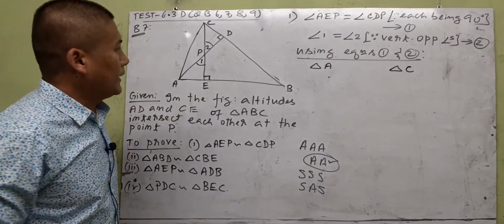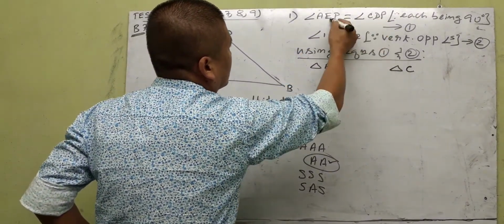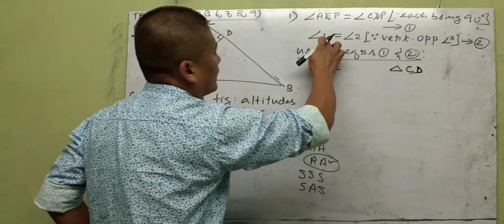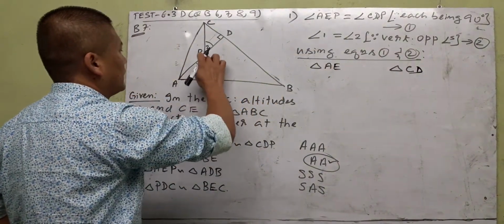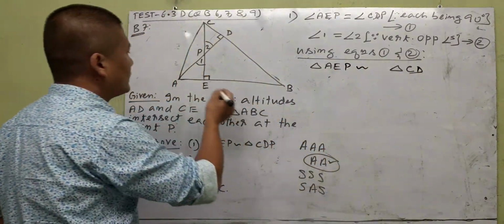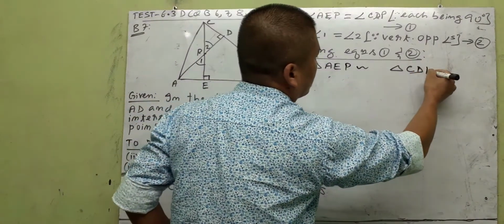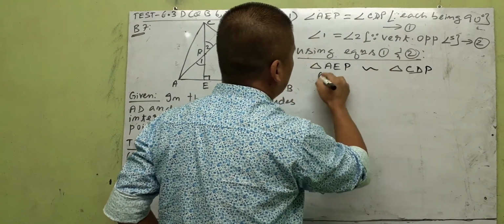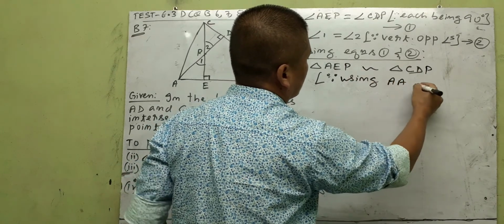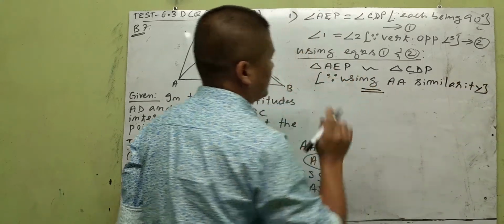So A, then if you go here, you need to go here, because this is the angle equal to D, E equal to D, so the second position should be D. And 1 is the point P for AEP, and 2 is the point P for CDP, so the third letter will be P. So you can see these two are similar, and we can write here, using AA similarity condition. So this is the proof of the first one.